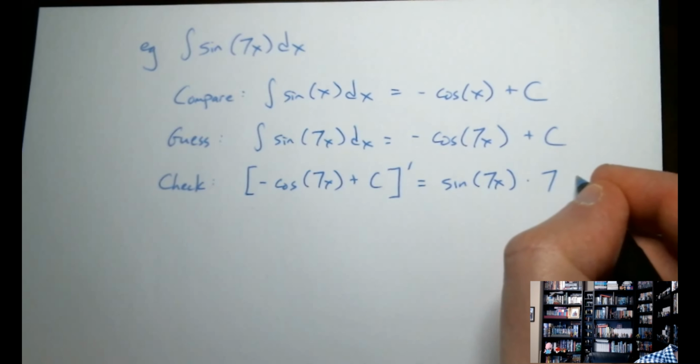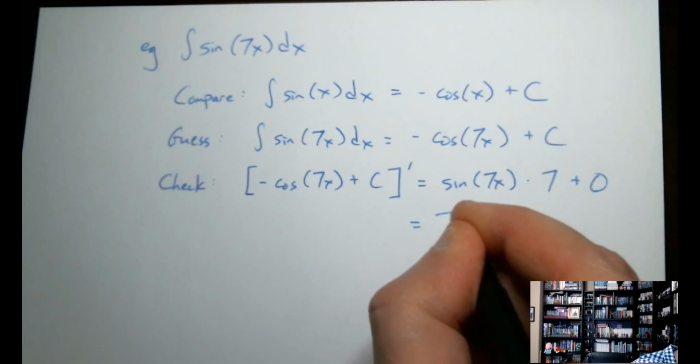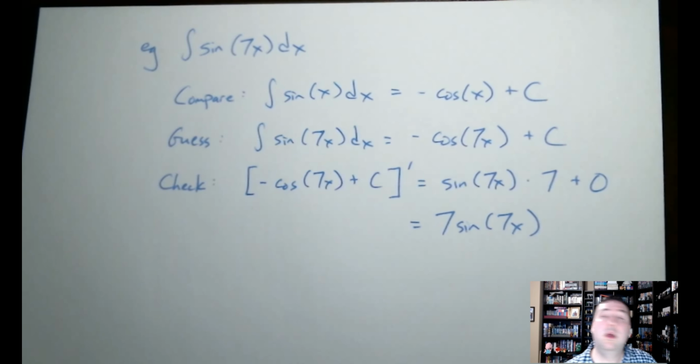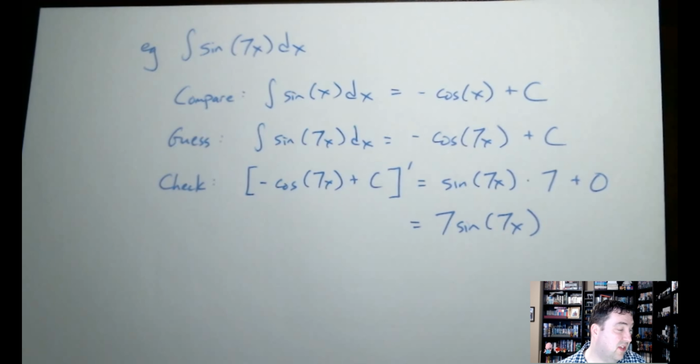And then the plus c again, that just differentiates away to 0. So it is pretty similar to the previous example. We don't get back our original integrand. We don't get back sine of 7x, but we get back 7 times sine of 7x. So again, it's that coefficient of x that seems to matter.